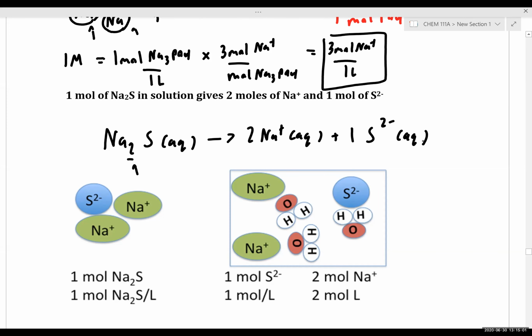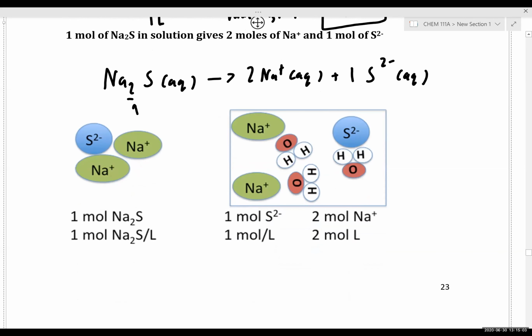Okay, so in solution, if we have 1 mole of sodium sulfide, let's suppose it's in a 1 liter box, we'd have 1 mole of sodium sulfide per liter.